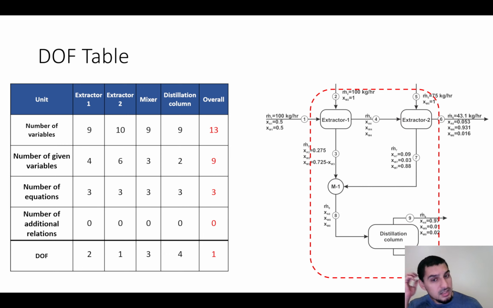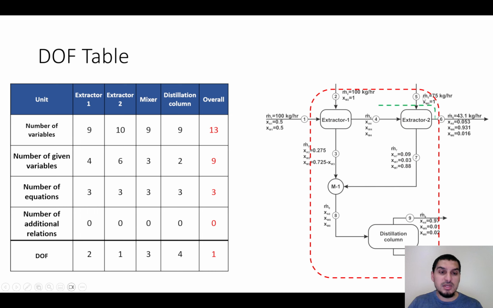The given information that we have is primarily in streams 1, 2, 5, 6, and we have some information in streams 3, 7, and some in stream 9. So they are primarily around these 2 units. This is where most of the given information is.